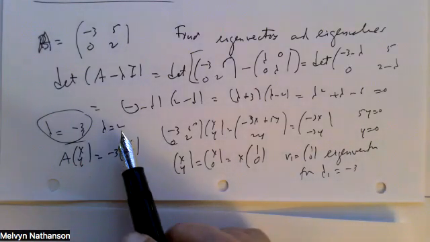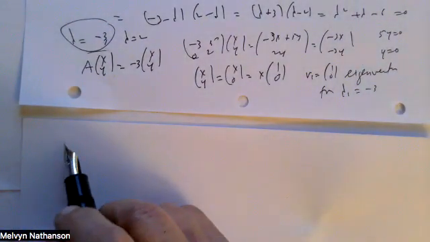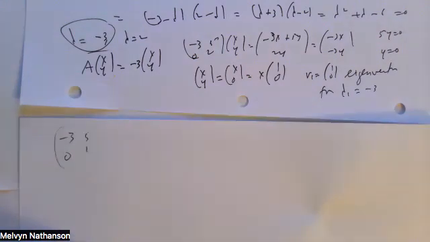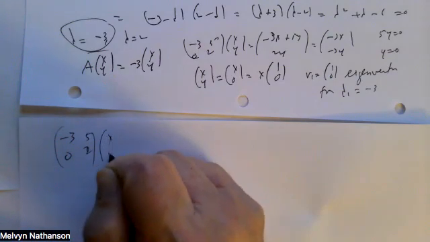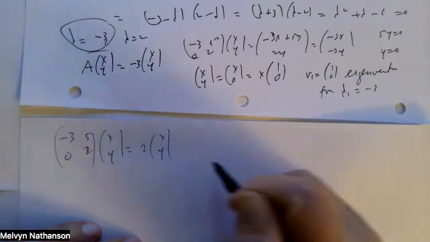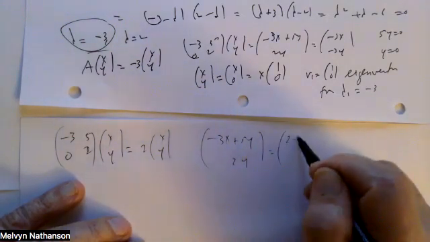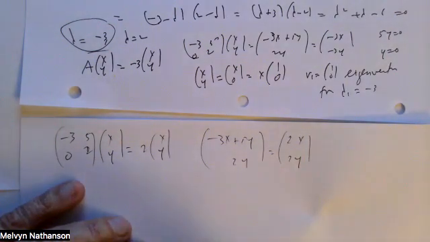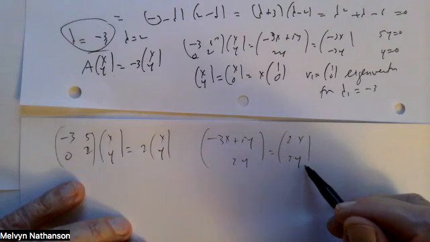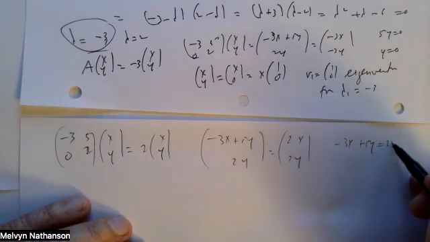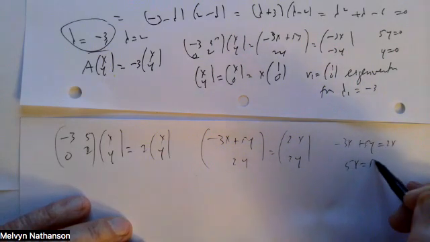What about the eigenvector for eigenvalue 2? So we have to solve the system of equations: minus 3, 0, 5, 2 times the vector xy is 2 times xy, which is the same as minus 3x plus 5y, 2y equals 2x, 2y, which says that y can be anything, and so minus 3x plus 5y equals 2x, which is 5x equals 5y.